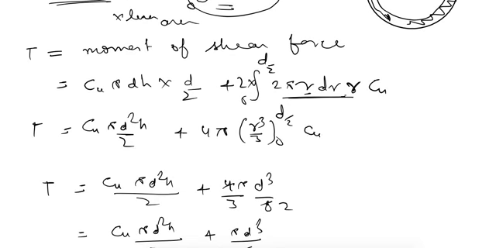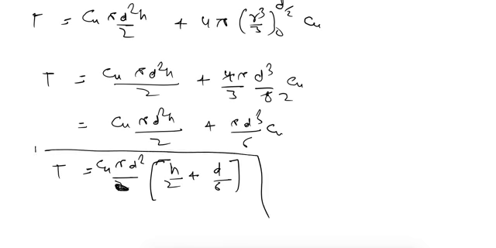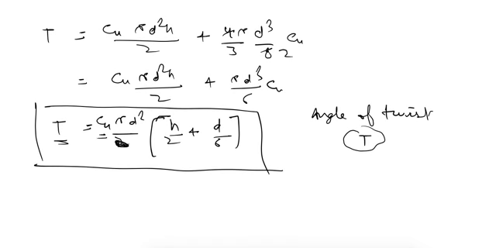So T equals pi d square Cu times h by 2 plus d by 6. If we know the torque, because we conduct the experiment, we know the angle of twist, and from that we calculate the torque. Using the torque we can find out the cohesion value, that is the shear strength in this case.